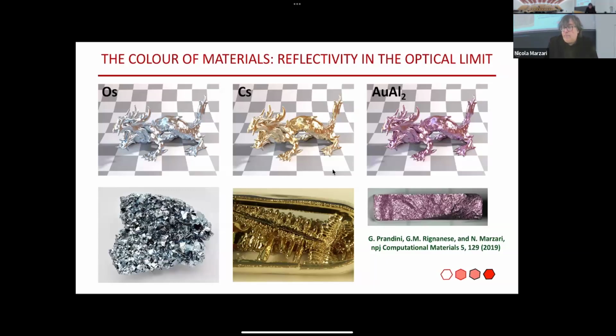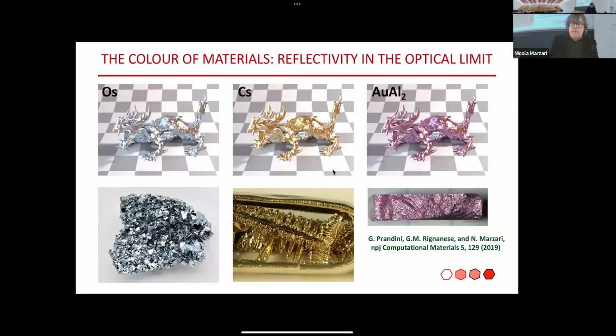So this is an example that comes from the Swiss watch industry. What they wanted was to understand if we can predict the color of a material from first principles, and that really means calculating the reflectivity in the optical limit, so understanding how a photon can excite an electron across bands or can excite plasmons.